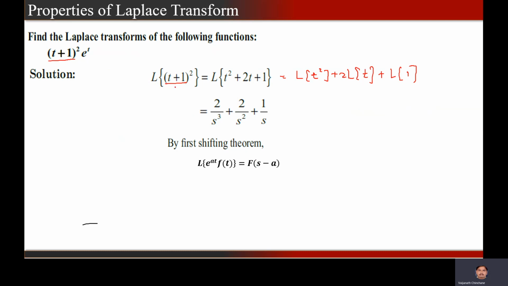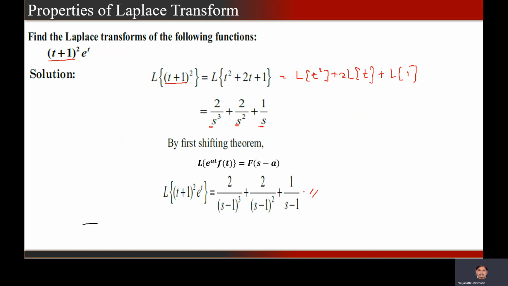Means whatever your f of t and its Laplace, in that Laplace s should be replaced by s minus a, and therefore Laplace of t plus 1 whole bracket square e raised to t will be equal to 2 divided by s minus 1 cube plus 2 divided by s minus 1 square plus 1 divided by s minus 1. All these three s should be replaced by s minus 1, and that is your answer.